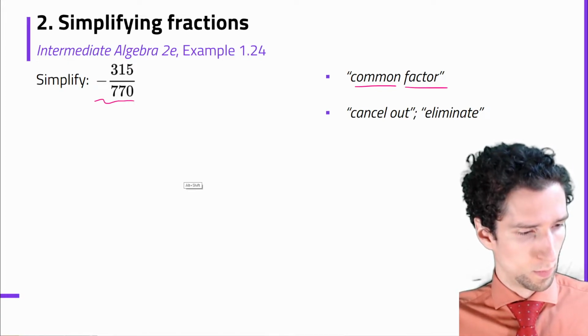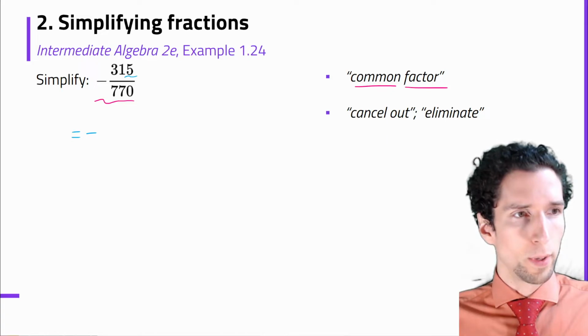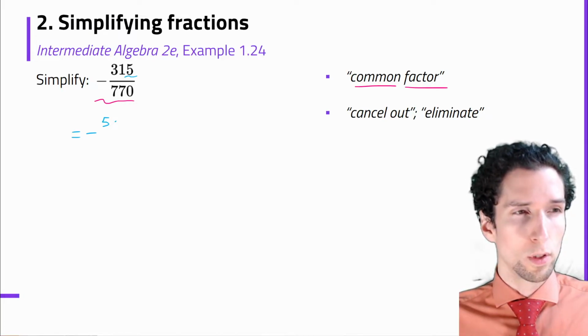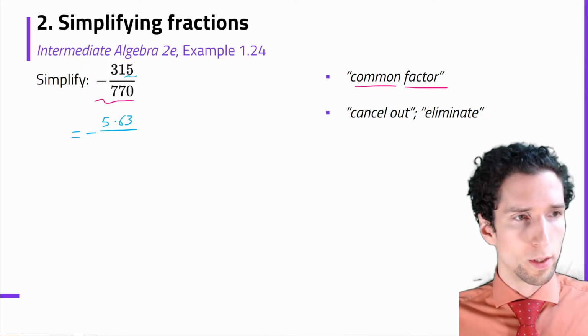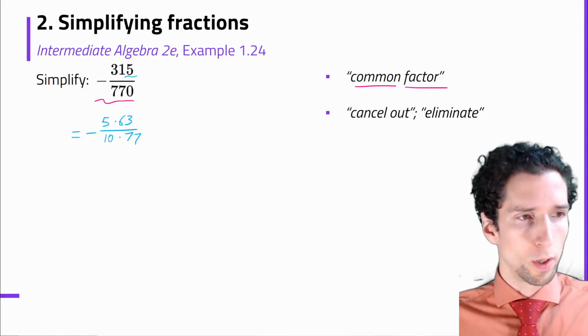So let's say 315, well, I can obviously divide that by 5. 5 times 60 would give me 300, and 5 times 3 would give me 15, so 5 times 63. And 770, that's going to be just, well, 10 and 77. Okay, split them up into some factors. No common factors yet though, so we can do a bit more.